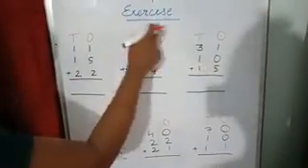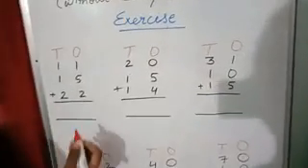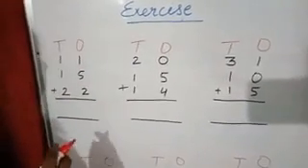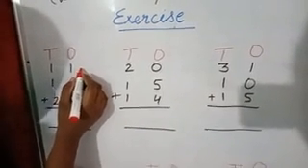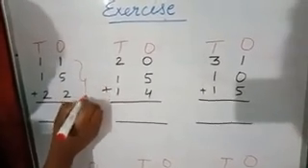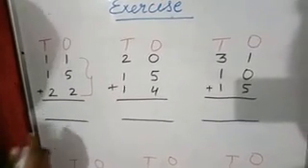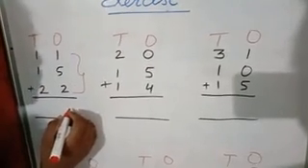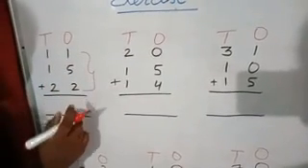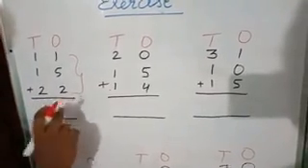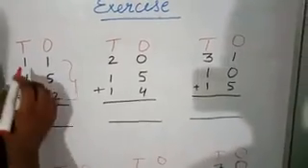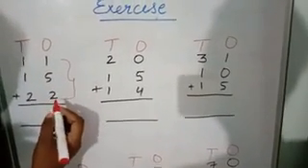See, this is your exercise on page number 48. The first one: what you have to do? First method, add the ones together, and the answer which you get, you have to write in the blank. So add ones together.